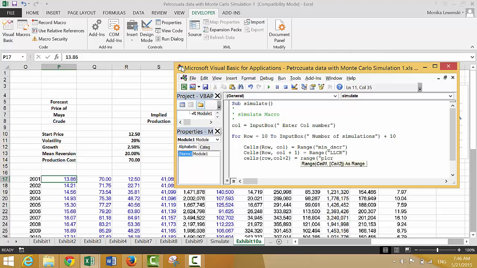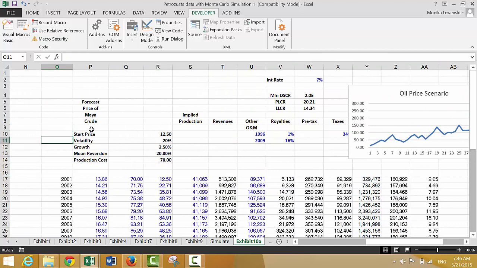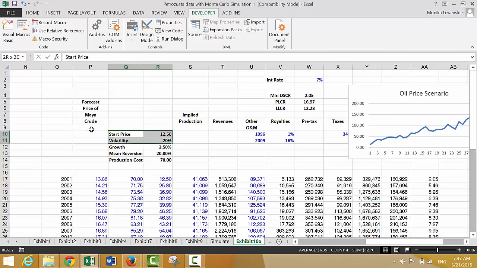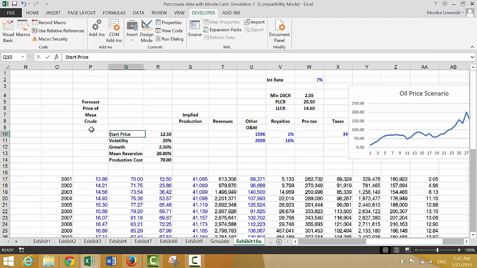If we want to remember what scenario we did, I suppose we could move these things over here. I copied them instead of moving them, excuse me. Select these, Shift Control F3. Now we'll put all this stuff in our macro.